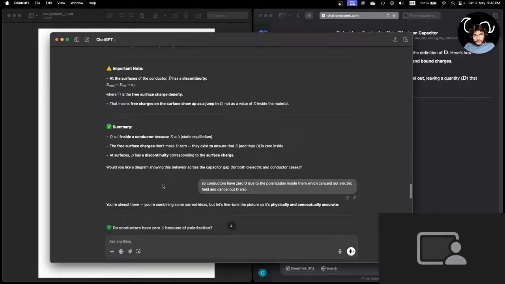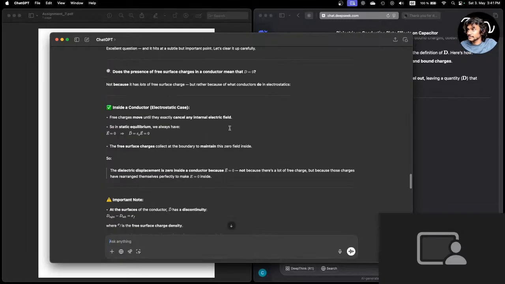Therefore dielectric displacement becomes zero because dielectric displacement is the product of electric field multiplied by the permittivity of the material. Therefore, no electric field, no dielectric displacement. Yeah, I guess I almost got it.